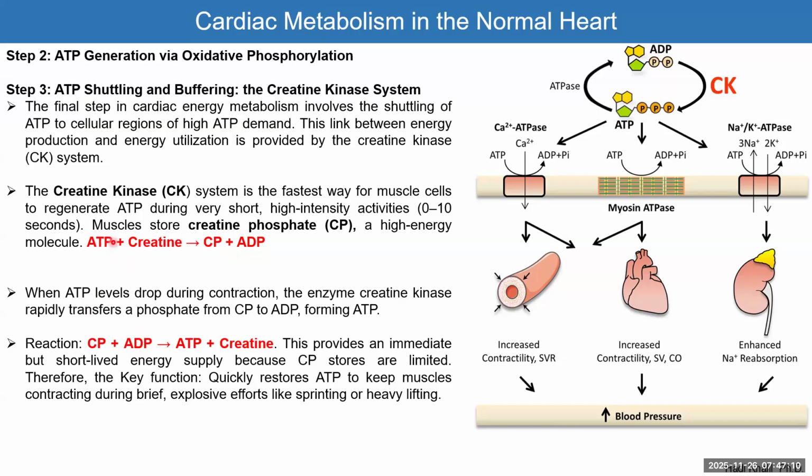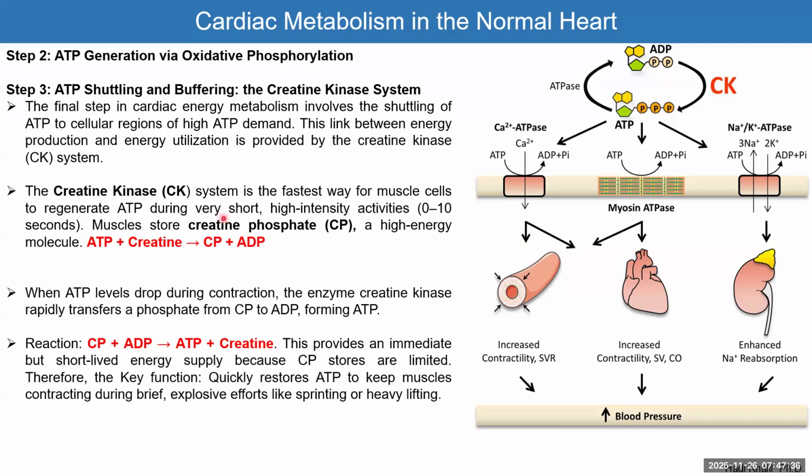And the ATP, because it loses one phosphate, becomes ADP. The enzyme that performs this function is creatine kinase. It switches the phosphate group from the ATP onto creatine to generate creatine phosphate, and now the ATP becomes less energetic.